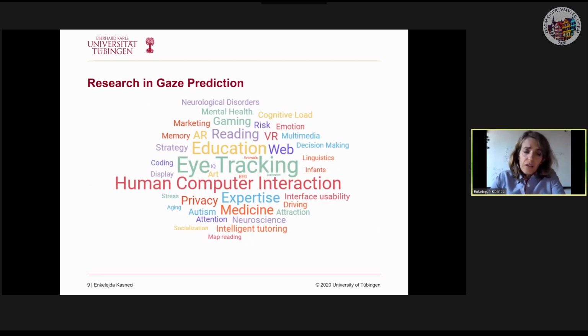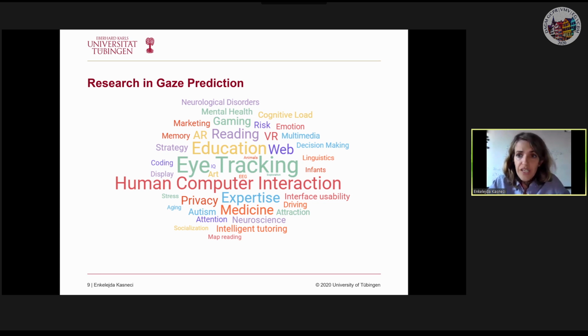If we think of the whole research area as a word cloud visualized here, you'll see there is a lot of motivation coming from the HCI perspective. A lot of research is also motivated by applications: gaming, marketing, education, web, decision making.